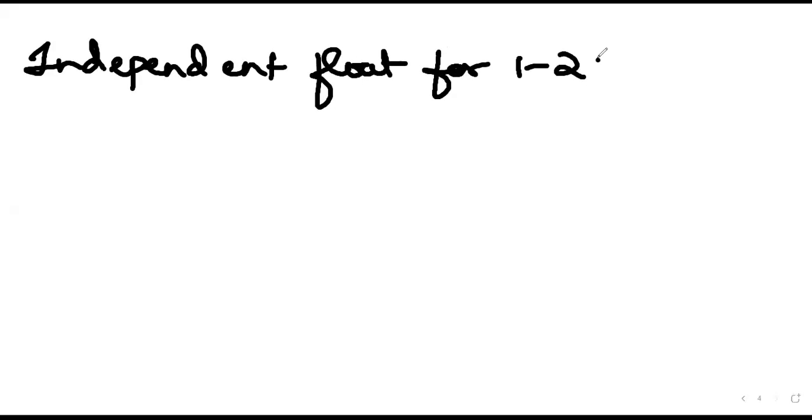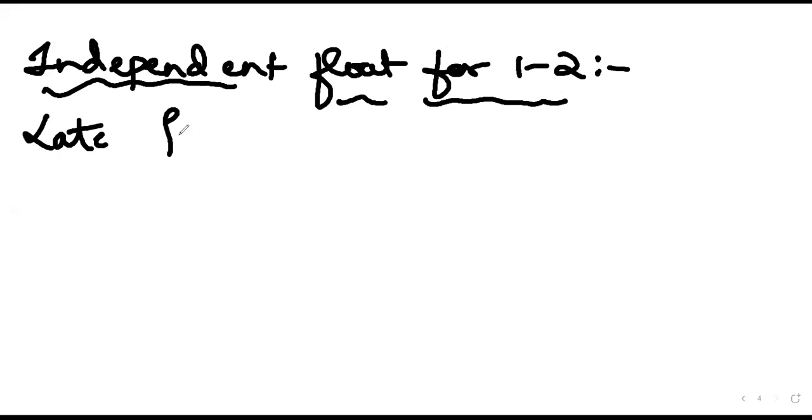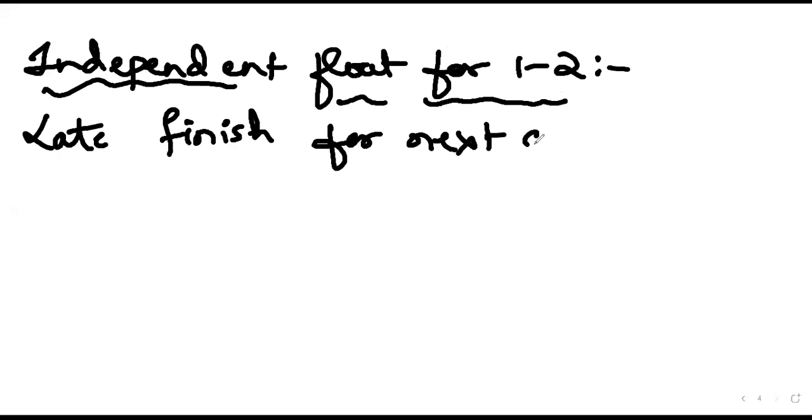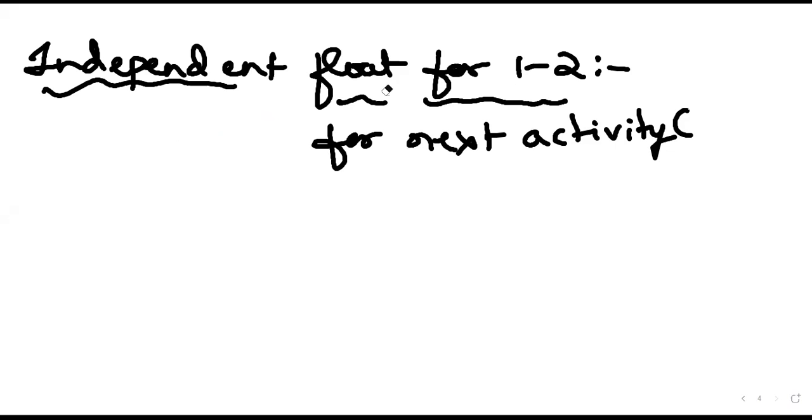Independent float for 1-2. So how do we calculate this? Late finish. Late finish for which activity? What is the activity name here? There's no previous. Okay, that is fine.